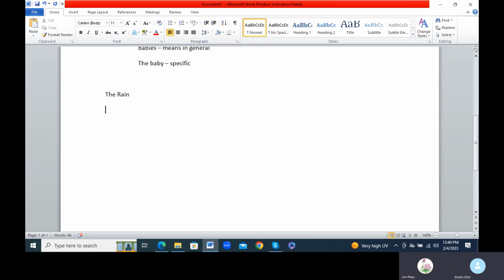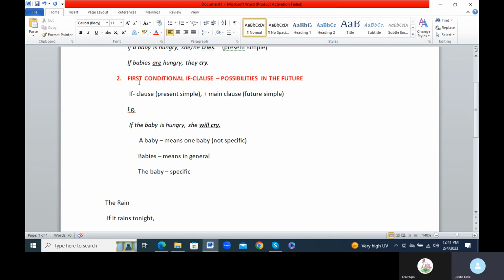So if you say that maybe tonight it will rain and you are giving yourself a condition, you say, if it rains tonight, and that is future, right? Because tonight is in the future, it's a future time. So this belongs to the first conditional clause.